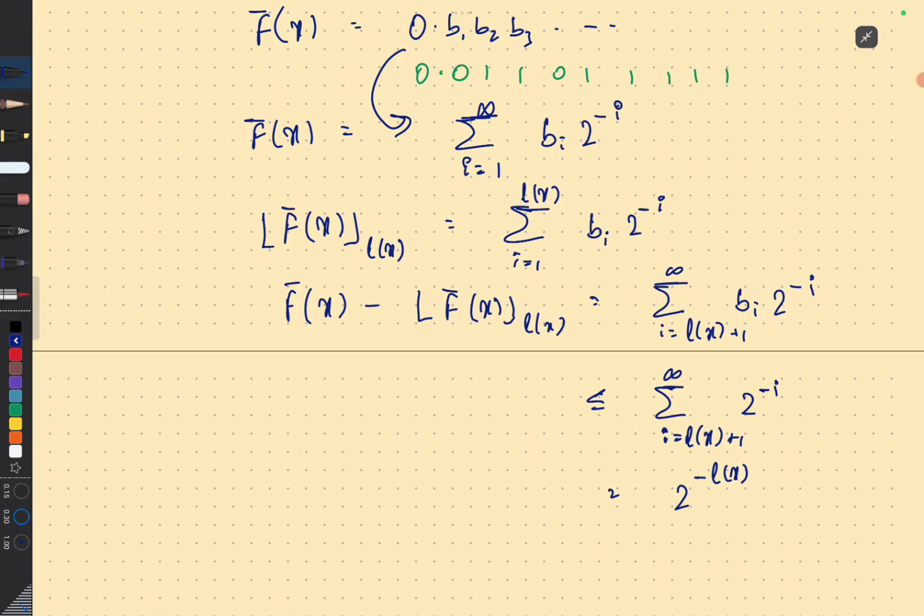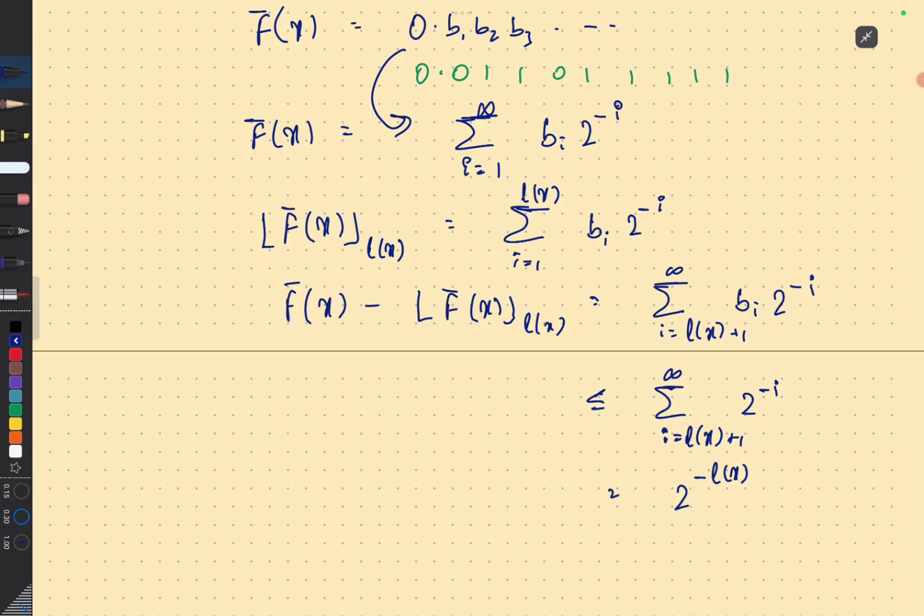So what is a bad situation that we want to avoid? We truncate f bar of x to a certain number of bits and f bar of x prime to some other number of bits, and we want to ensure that none of these two truncations are prefixes of the other. Correct?